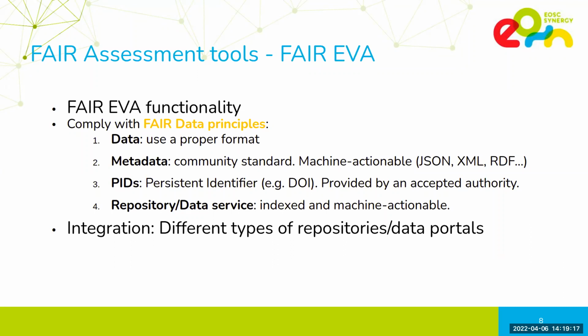Regarding metadata, we can check if they are adopting a community standard, if it is machine actionable, and if they adopted a proper format for the metadata, like JSON, XML, RDF, etc. And one important element is the use of persistent identifiers, for example DOIs, which everyone knows, and whether they are provided by an accepted authority like DataCite, etc.